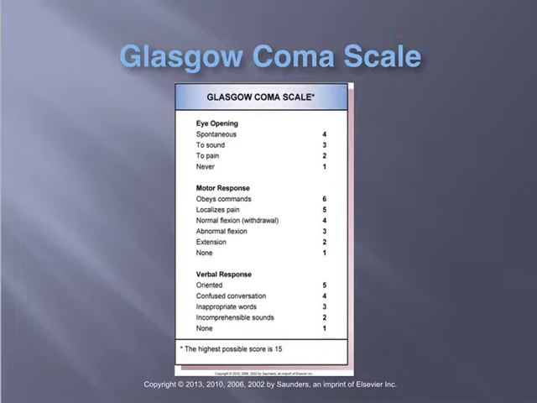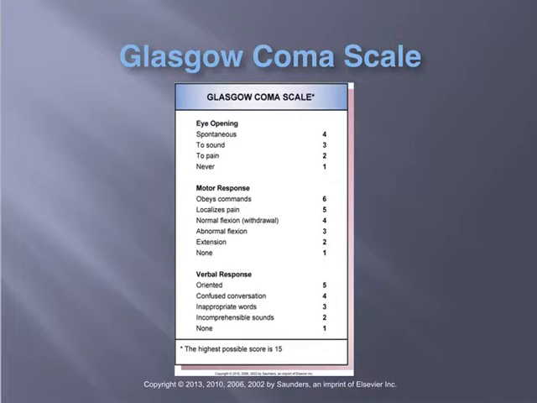Any change in assessment warrants using this scale and performing a full neurological exam. And this is just an easy scale that we can use as a reference point to detect changes in patients' conditions.